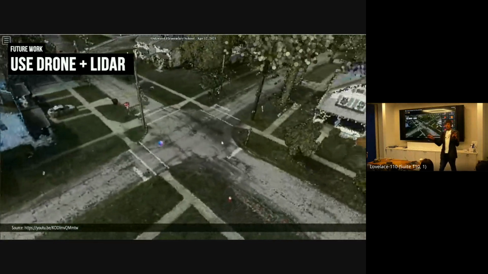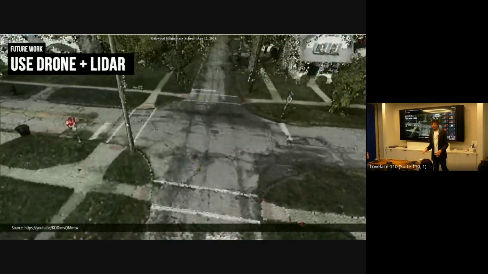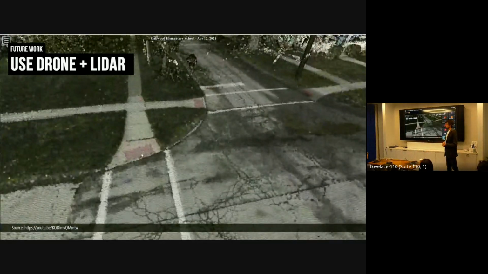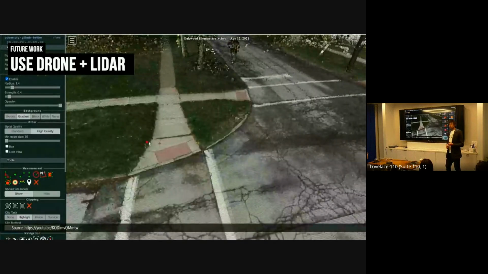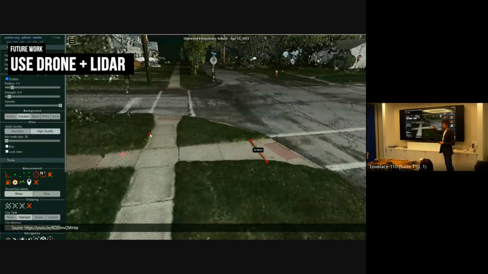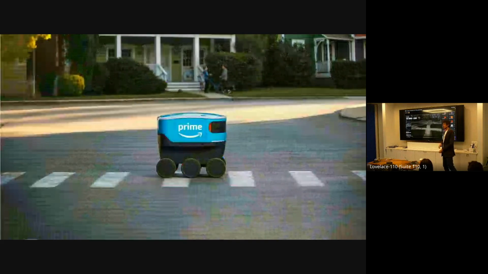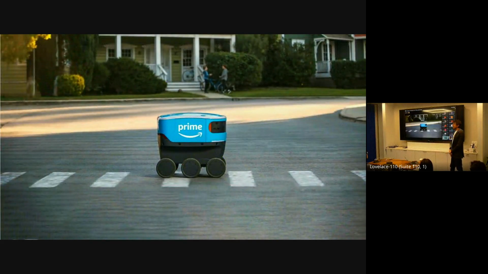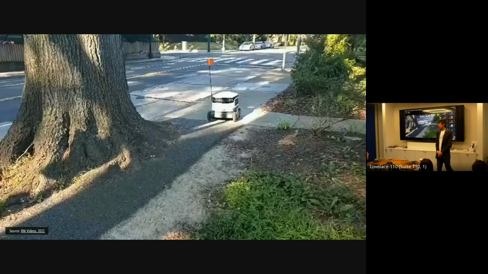We're also, this is a collaboration with Purdue. I know I said we don't really do any data collection particularly, but I think there's some really powerful opportunities in doing drones, LiDAR. This gives you mensuration, so we're getting very precise measurement of width and things that we can't actually do with Project Sidewalk. A big economic driver in the future of sidewalks is likely to be ground delivery robots. So can we utilize these as sensing platforms as well?